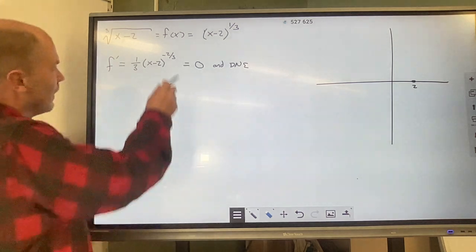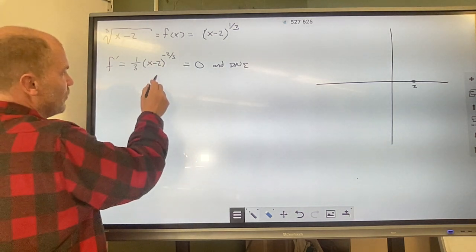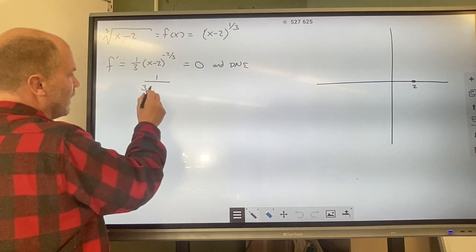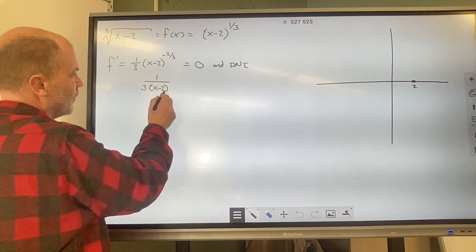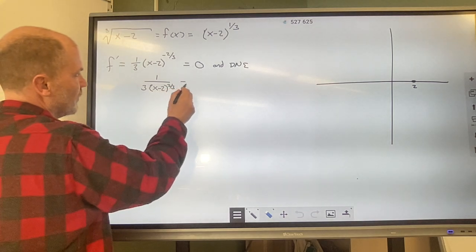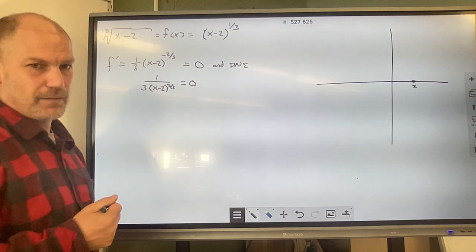So I'm going to turn this back into better algebraic notation. So the cube root of (x minus 2) squared equals 0. Well, I know that I'm not allowed to divide by 0.